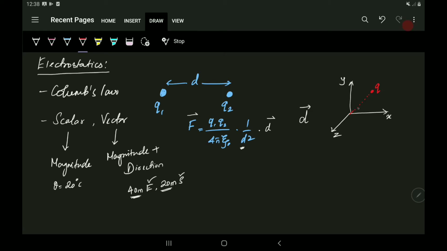With respect to this reference, if the distance is d, then the magnitude of this divided by its unit value will give you the d vector. So this d vector can be used so that the force can be a vector quantity.